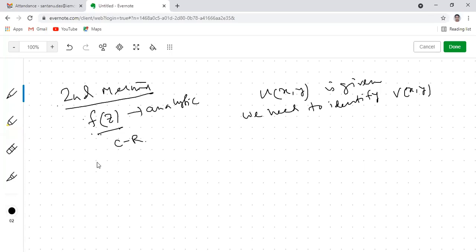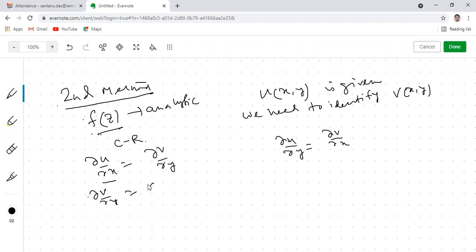So as per the Cauchy-Riemann equation, ∂u/∂x equals ∂v/∂y, ∂u/∂y equals minus ∂v/∂x. Now u is known, v is unknown. So since u is known, ∂u/∂x is also known to us. So then ∂v/∂y will be equal to ∂u/∂x.